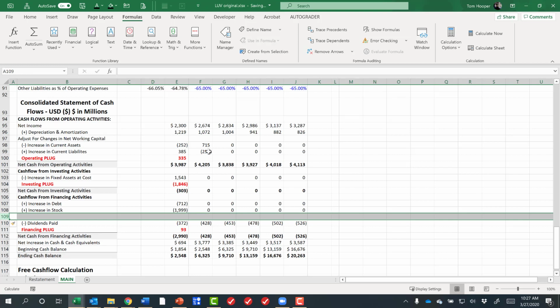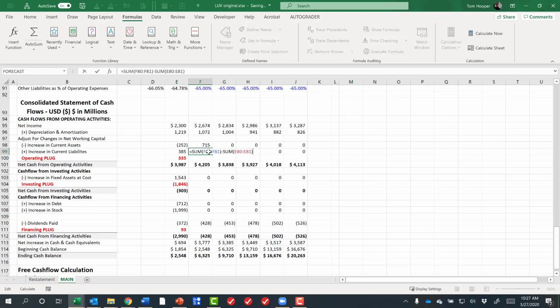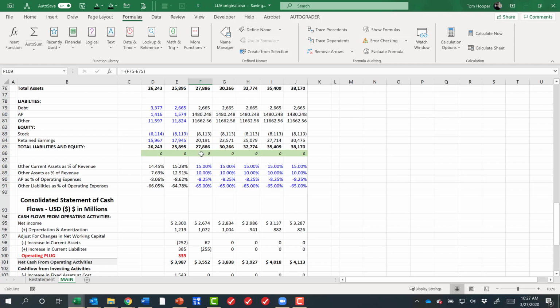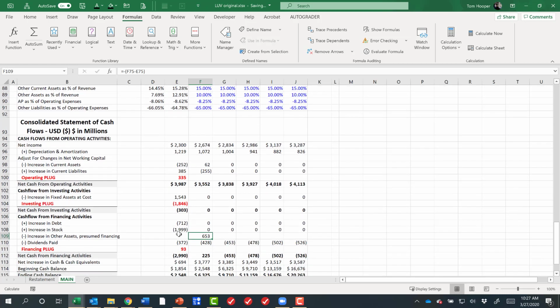I'd really need to go to the notes and find out, of course. But if instead of taking them out of the operating cash flow, I took that change here, then I would still be in balance. And so again, I'd really need to go to the notes and find out what those other assets represent so I'd know where to put the change in them on the cash flow statement.